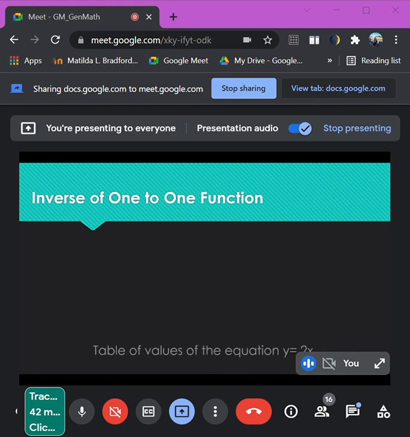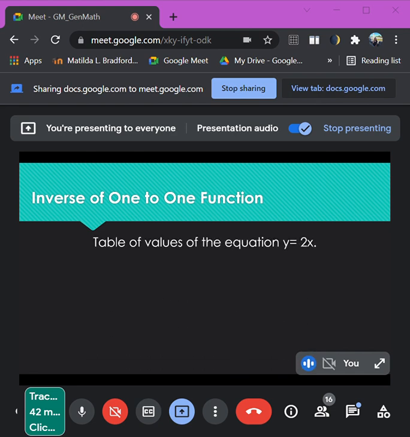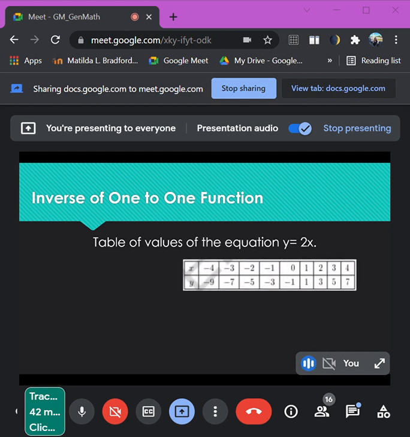Okay. So, natay example diri nga table of values. So, kani nga table of values, we have y is equals to 2x. So, we have here, pair na to is negative 4, negative 9, negative 3, negative 7, negative 2, 5, negative 2, negative 5, negative 1, 3, negative 3, 0, negative 1, 1, 1, 2, 3, 3, 5, 4, 7.